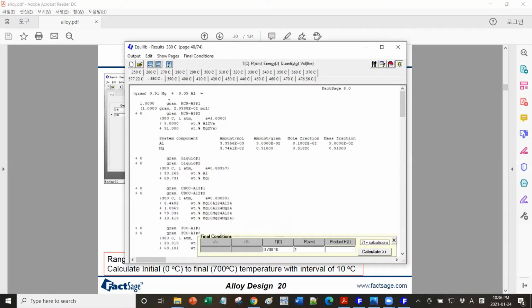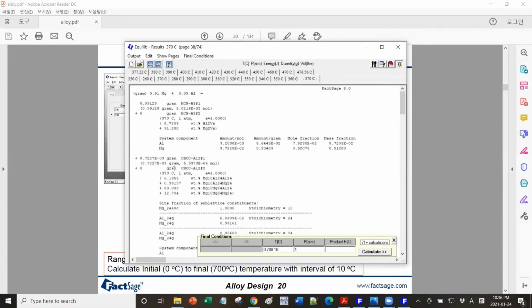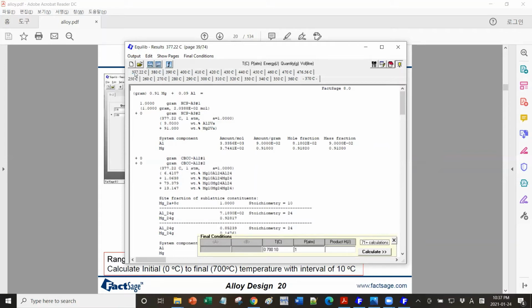Above this temperature, only the HCP A3 phase exists. However, below this temperature, the CBCC A12 phase also exists. So if we check this temperature, even though the gram of this phase is 0, the activity is 1. It means at this temperature, this phase starts to form.